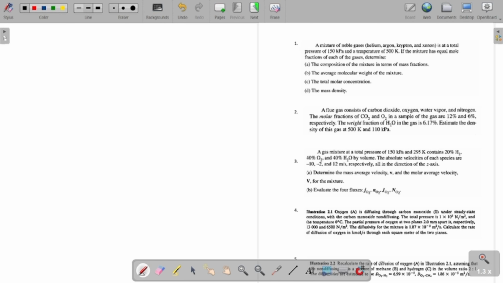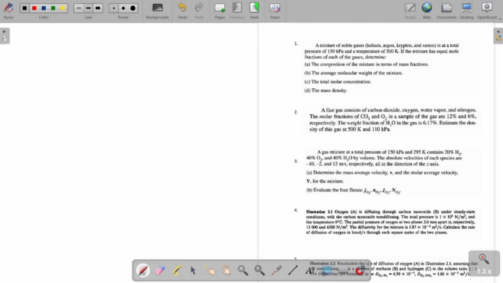CO2 and O2 are given as molar fractions, but water is given as a weight fraction. We actually have to convert from one to the other before we can solve the question.